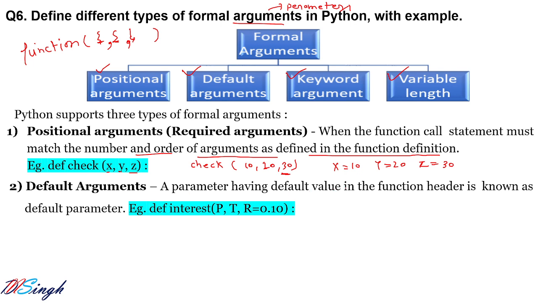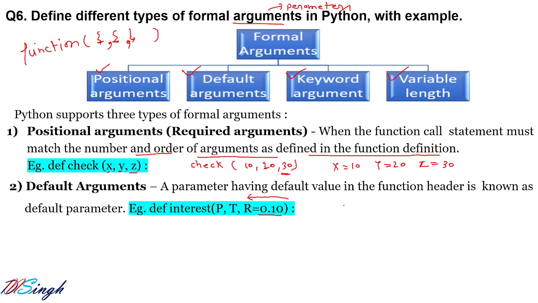A parameter having a default value in the function header is known as a default parameter. So in the formal arguments, whenever you give a value for a particular argument, that is called a default argument. The only thing is that you have to give it from right to left.